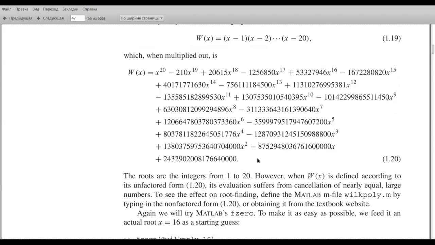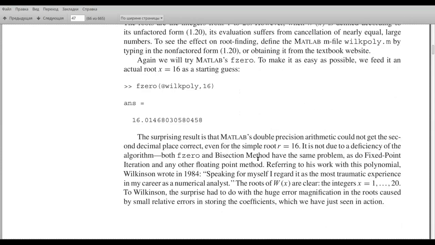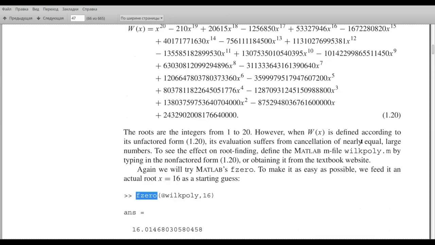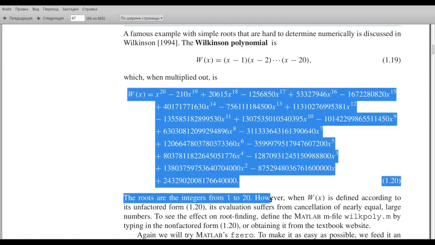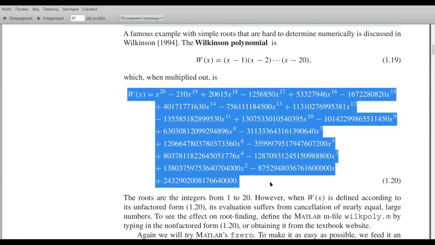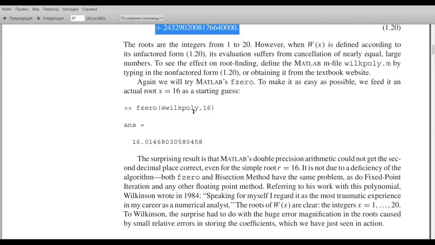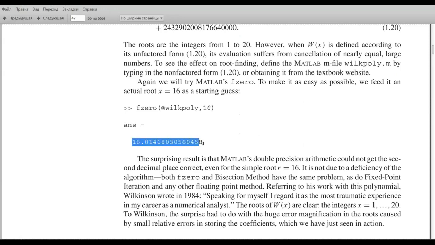And it's interesting that if you try to find the roots, even using relatively sophisticated algorithms like fzero from MATLAB, and Wilkpoly is essentially just this polynomial created as a MATLAB function, if you like, and you even give the exact root as an initial guess, what is interesting is that the answer you will get will be just this, right?